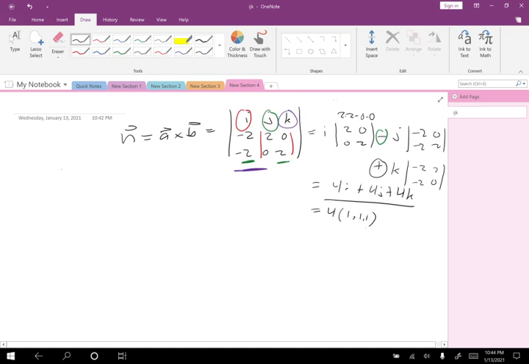And this is sensible. You can always use a sanity check to see if you got the right answer. Just do an xy projection. So that would be 1, 1. And so if we look at the xy plane and we draw our surface, the normal vector 1, 1 looks like this.